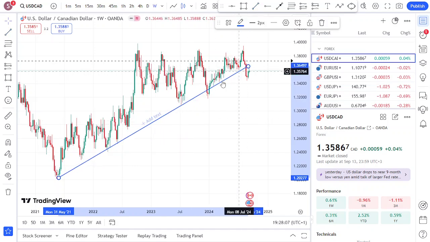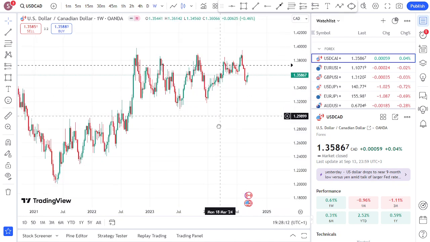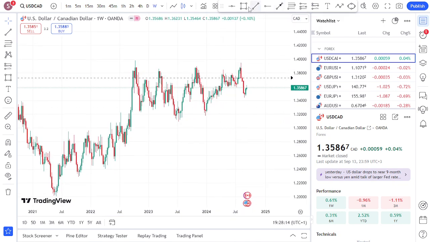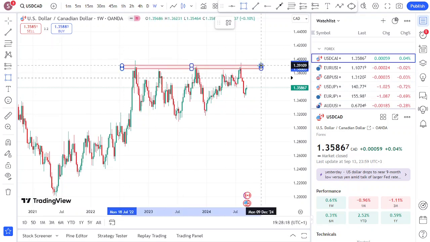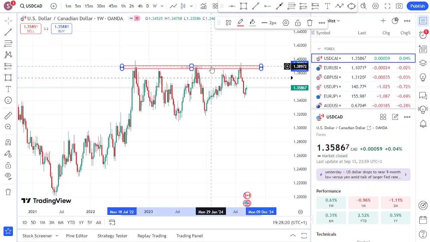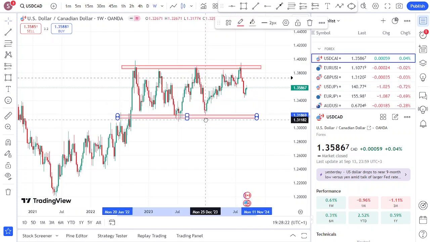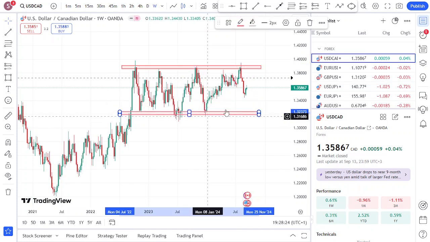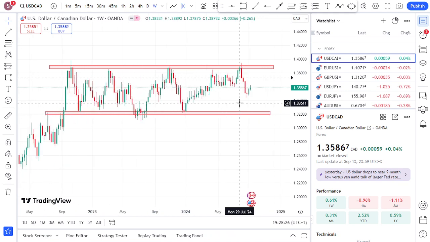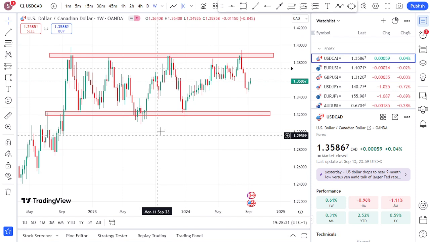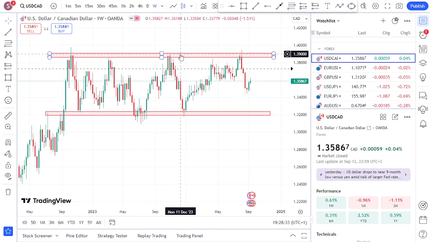However, it has somehow lost momentum, and it's just consolidating within these two zones right here. I think for the past maybe 1 year or so, it has failed to break above this upper zone and also failed to break below this support zone.